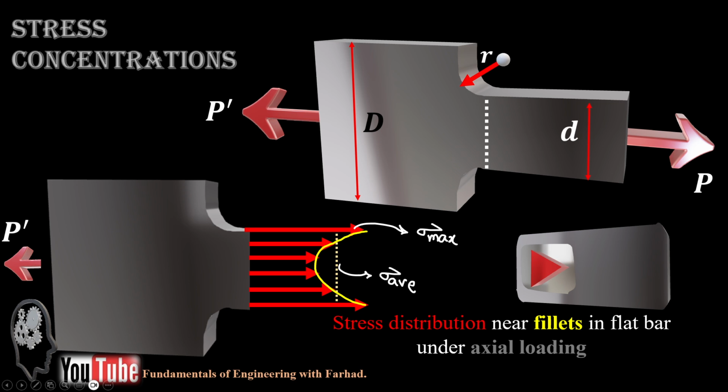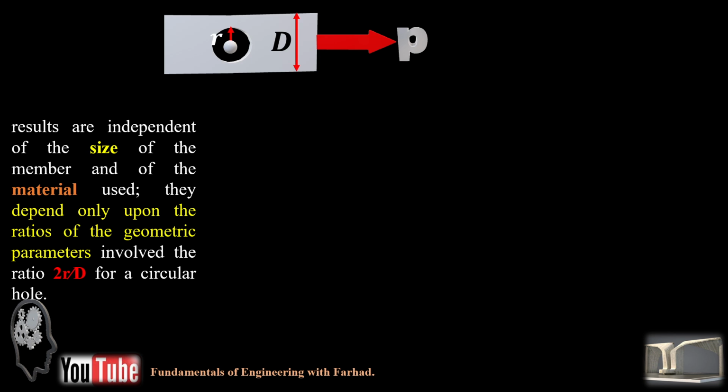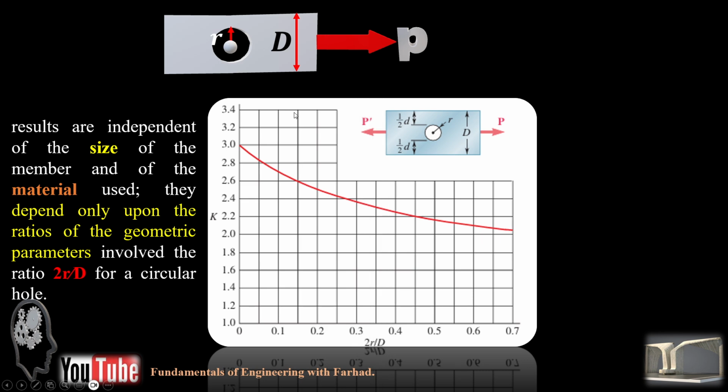The good news is that, in the example of a circular hole, the results are independent of the size of the member and also the material used, and depend only on geometric parameters like the diameter of the hole to the depth of your plate.